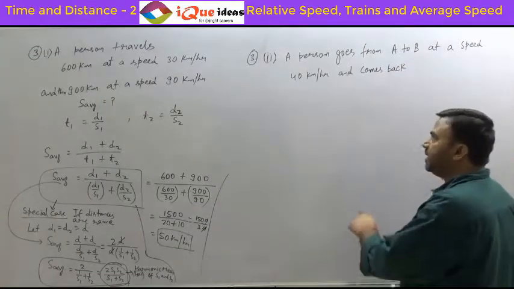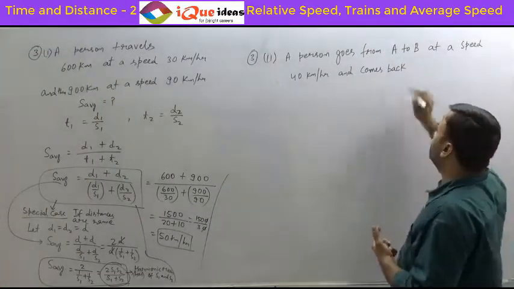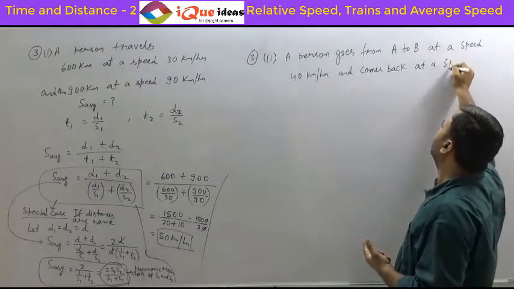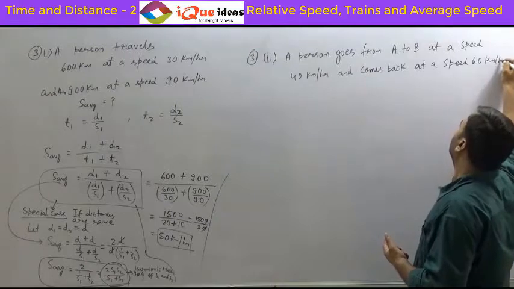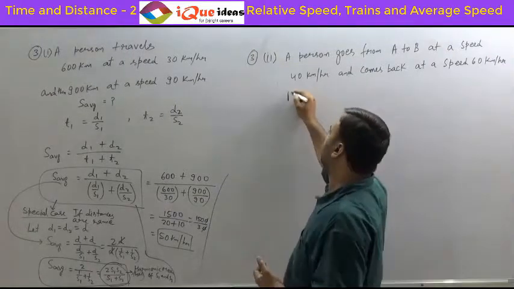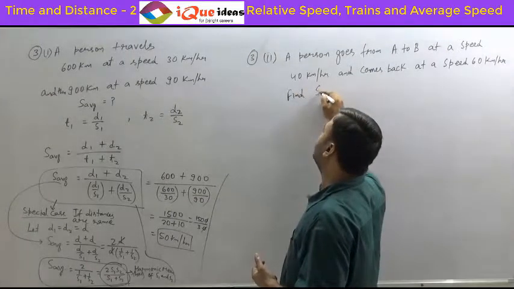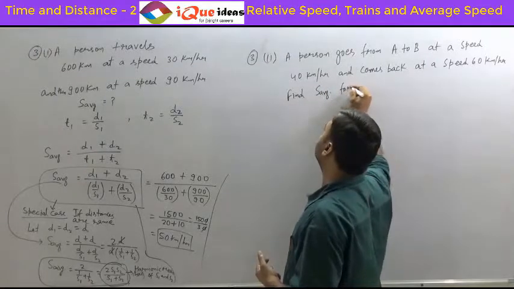So comes back automatically means from B to A by default. Comes back at a speed 60 kilometers per hour. Find average speed for his entire journey.